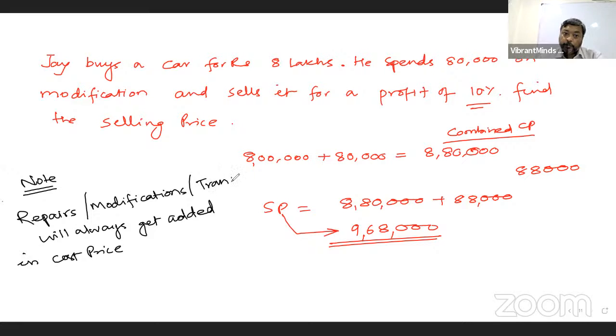Also transport, okay, repairs, modifications, transportation, any sort of overheads. Any sort of overheads means, suppose you gave labor for loading and unloading, you paid for labor price, that also will get added into cost price. You always remember this. Okay, guys, let's go ahead.